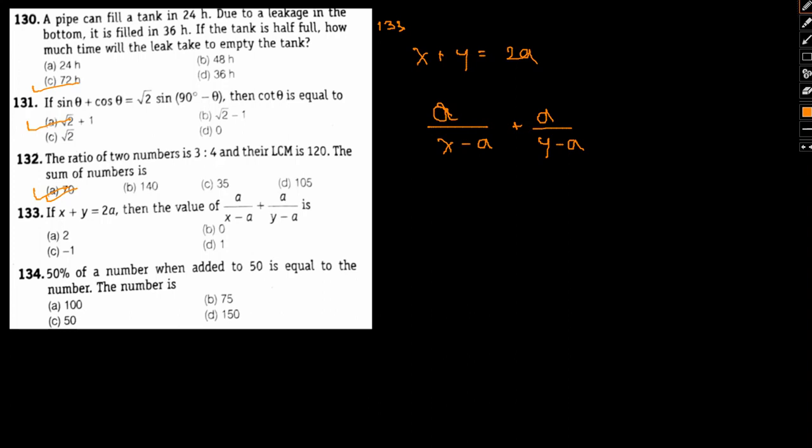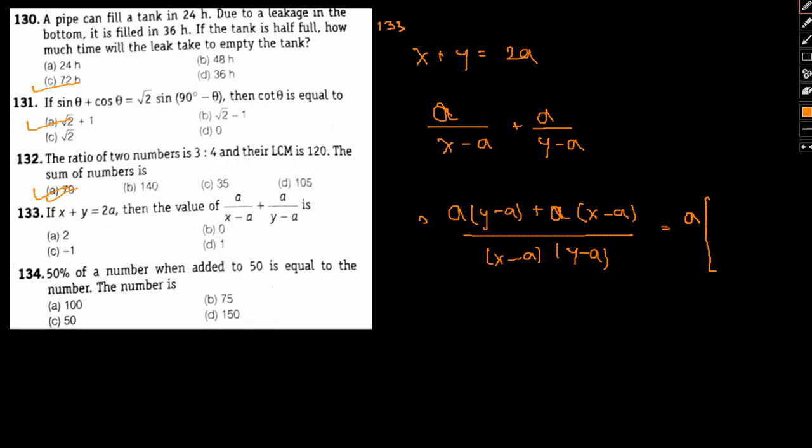So now what we can do is basically write a times (y minus a plus x minus a) divided by (x minus a)(y minus a). So suppose I take a as common, then I can write y minus a plus x minus a.